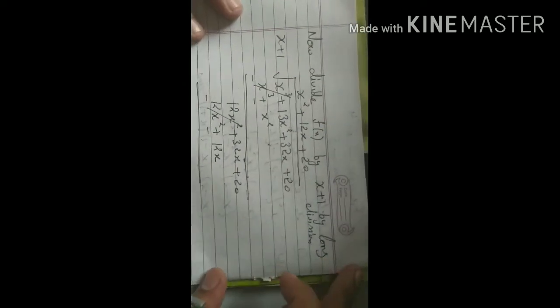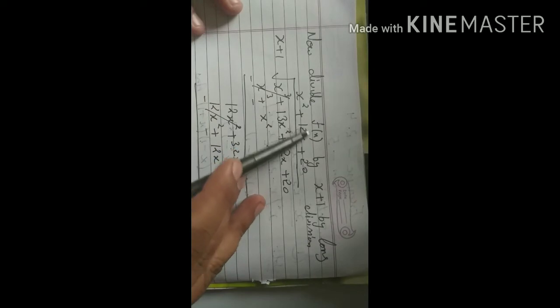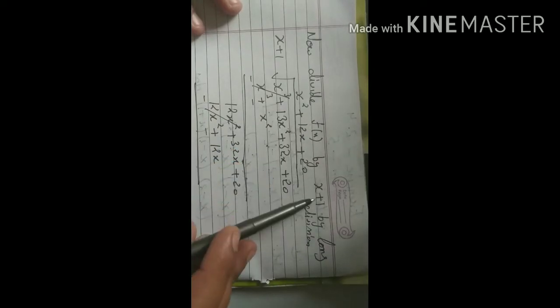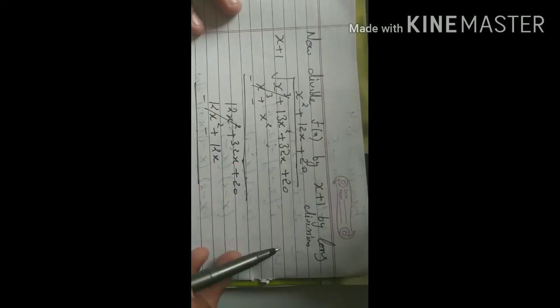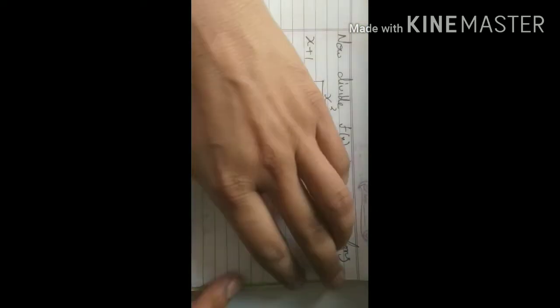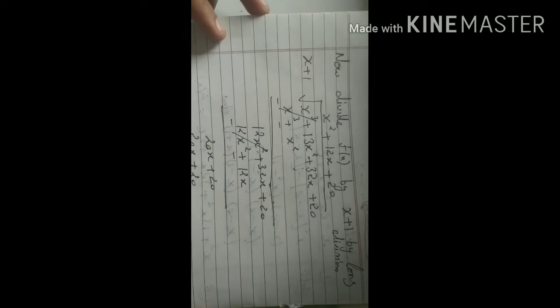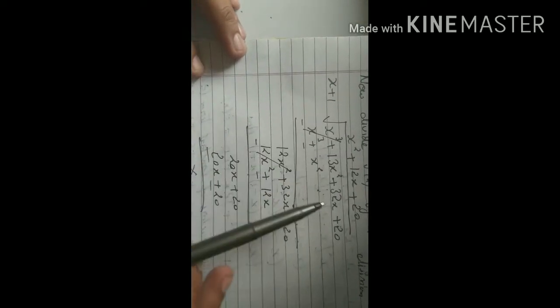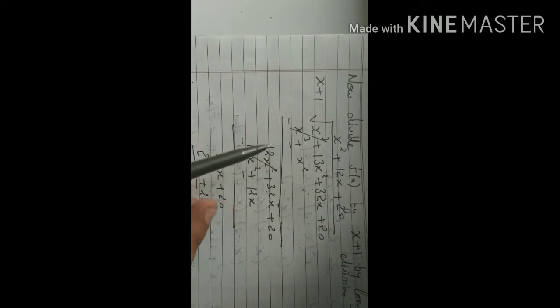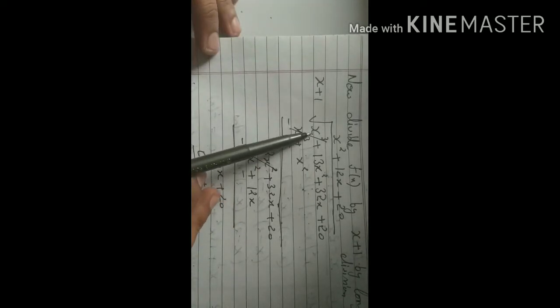Clear? After it, now divide f of x by x plus 1 by the long division method. When we divide, the first term is x cube.